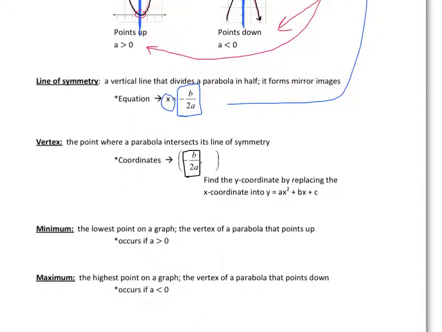And that is described as minimum or maximum. So the minimum would be the lowest point on the graph, in other words the vertex when it opens up. A maximum would be your highest point on the graph, and again, in other words, your vertex if it opens down.